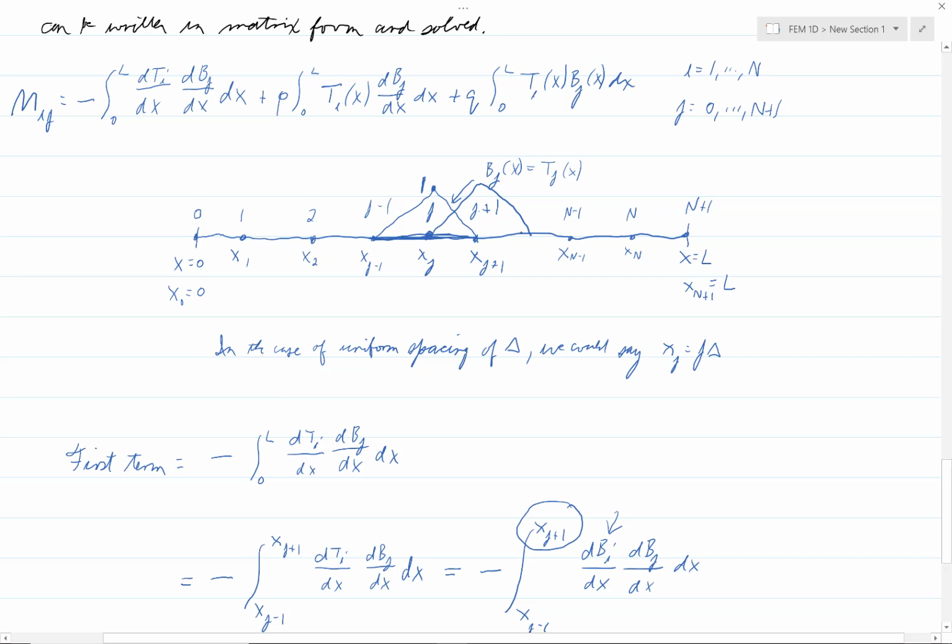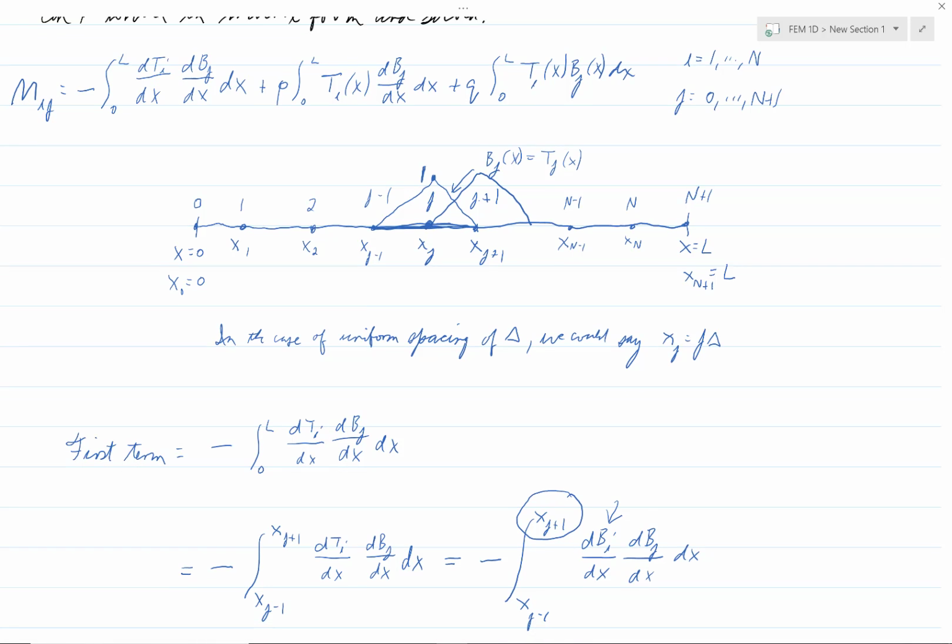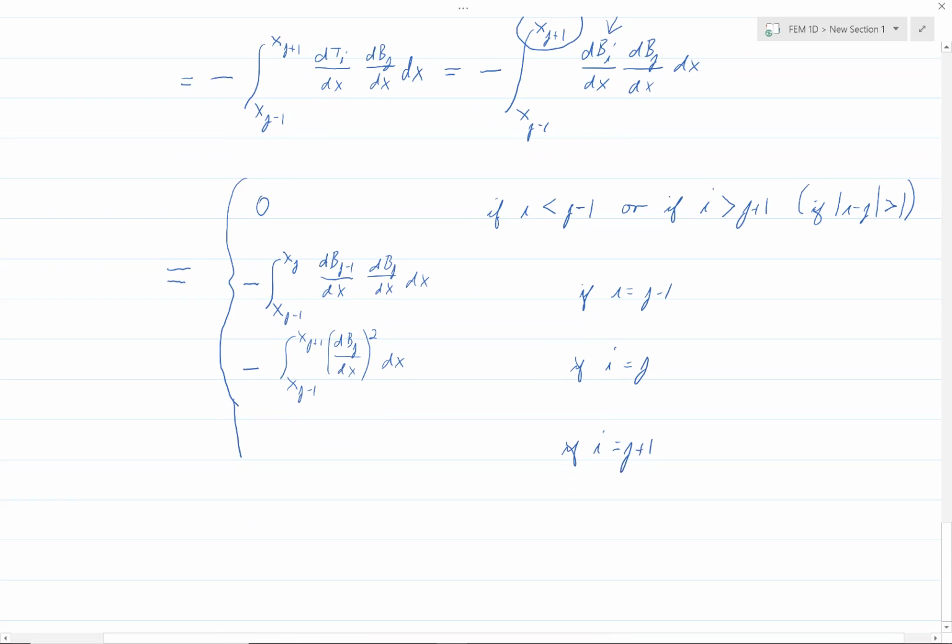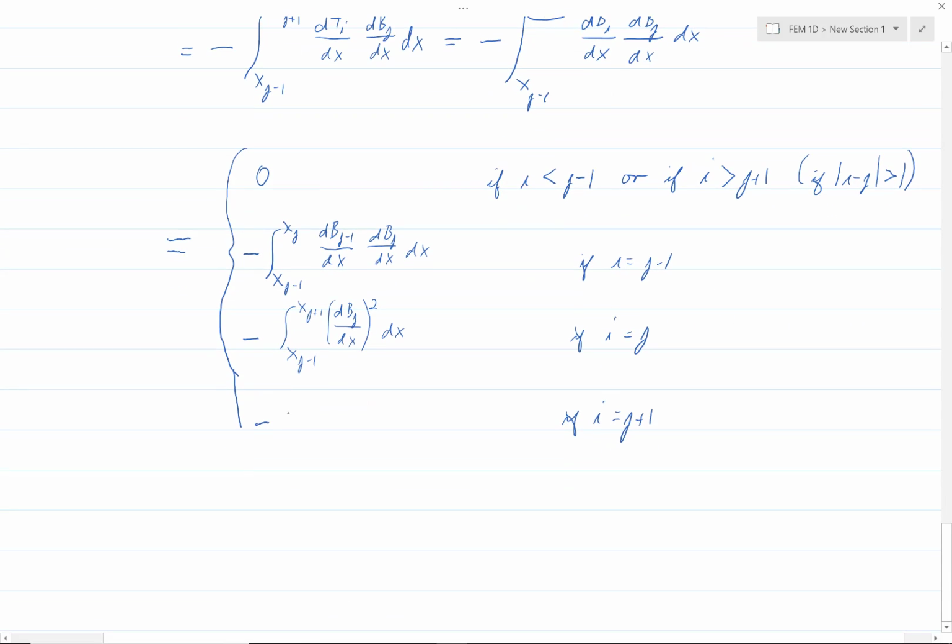And so then the region of overlap would just be from x_j to x_{j+1}. So we have minus the integral from x_j to x_{j+1} of (db_{j+1}/dx)(db_j/dx) dx.